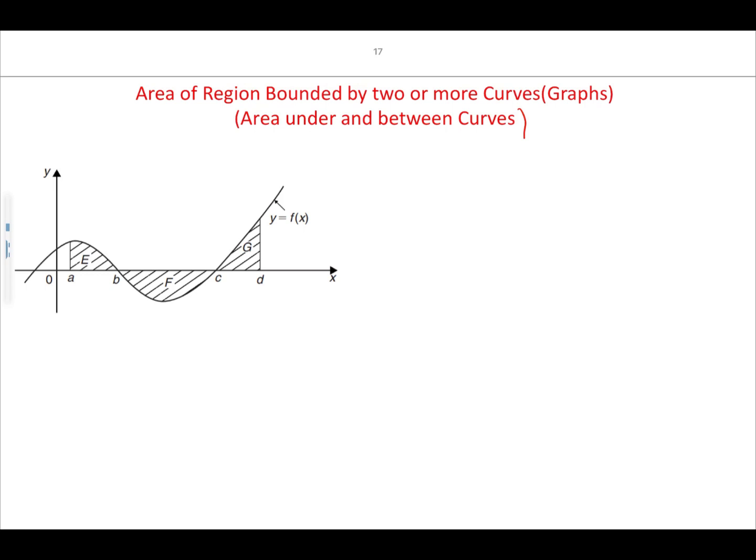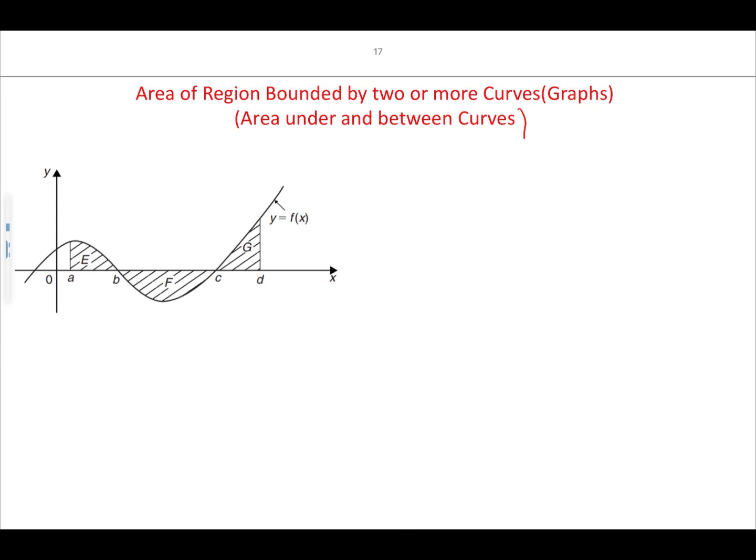The determination of, for instance, areas, means and root mean square values, volumes, centroids, and even second moment of area and radius of gyration are all included. For this tutorial, we are only going to look at area under and between curves.